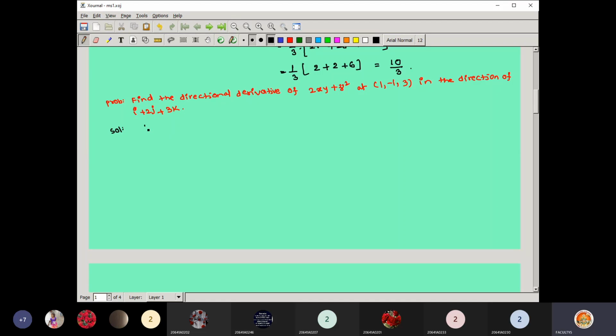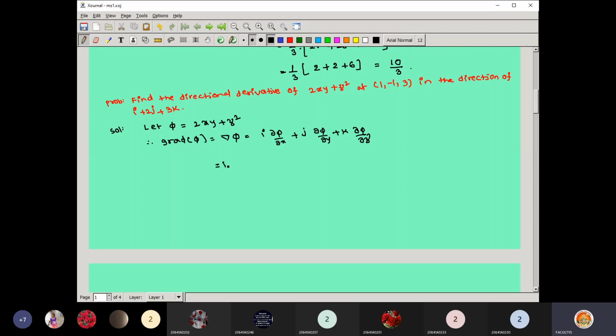So start with your scalar function phi, which is given as 2xy plus z square. Therefore you are calculating the gradient of phi, simply denoted by del phi. By definition, it is i dou phi by dou x plus j dou phi by dou y plus k dou phi by dou z.